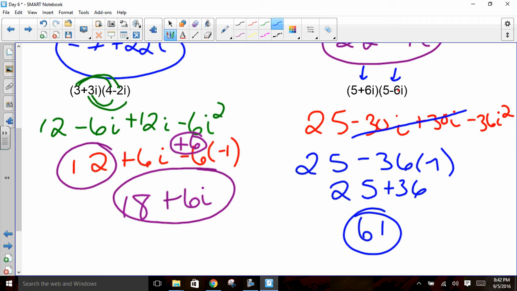So if you notice you have the exact same numbers, 5 and 6i, 5 and 6i, one plus, one minus, you can anticipate your imaginary stuff canceling out, and then you'll only result in a single answer. Hint, hint, that'll be special for tomorrow.